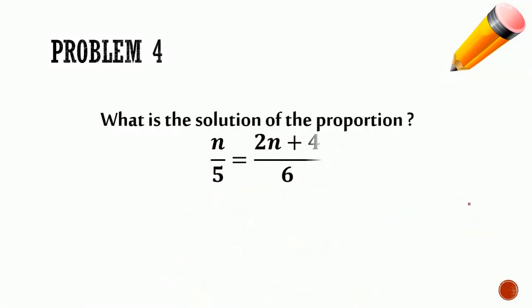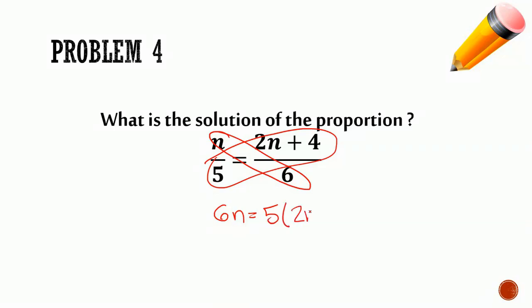Let's try problem number 4. It looks kind of the same, just a little different. So let's multiply across. I'm going to go n times 6, that's 6n. And then 5 times the quantity 2n plus 4. I need to do some distributive property: 5 times 2n is 10n, and 5 times 4 is 20.